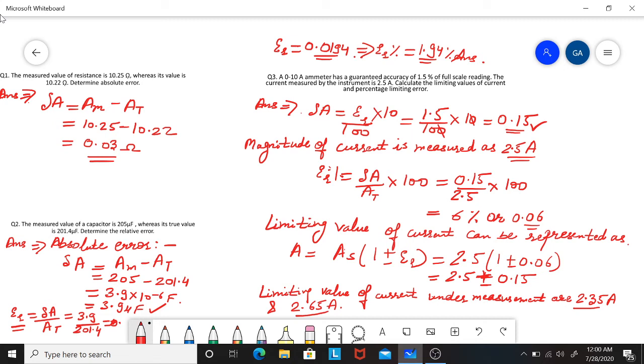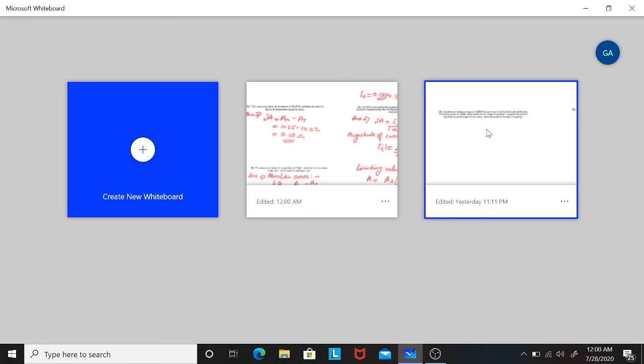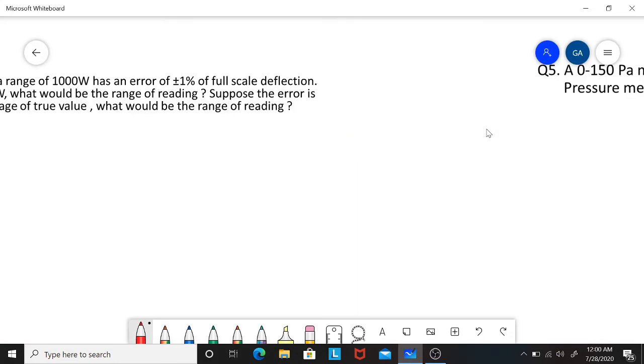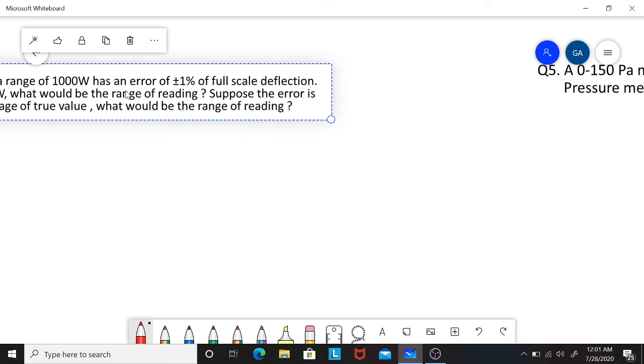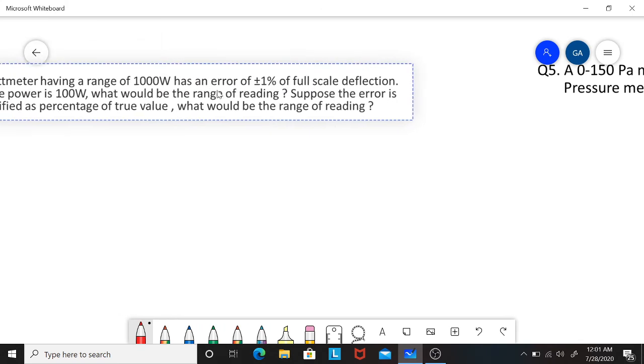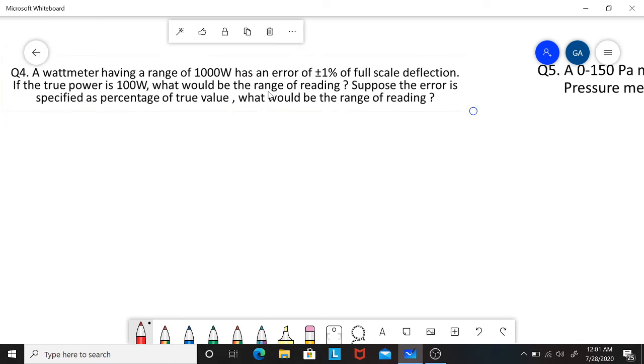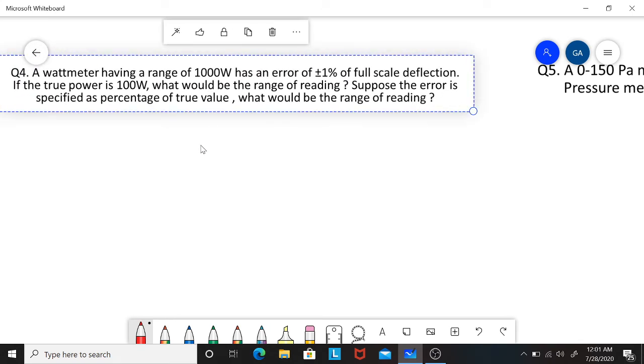So we further move to another one. Now next we will discuss this numerical.